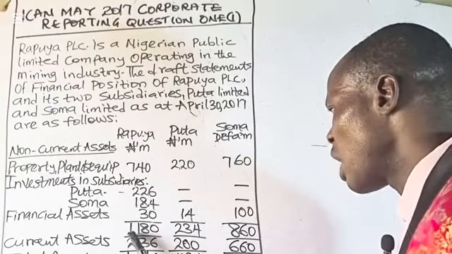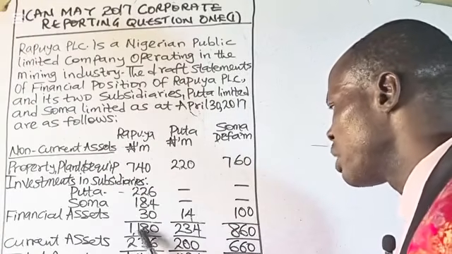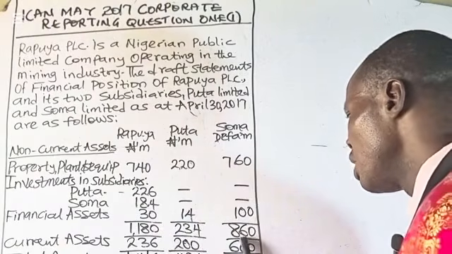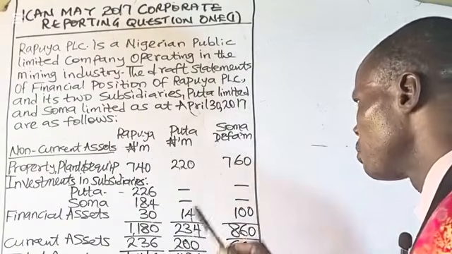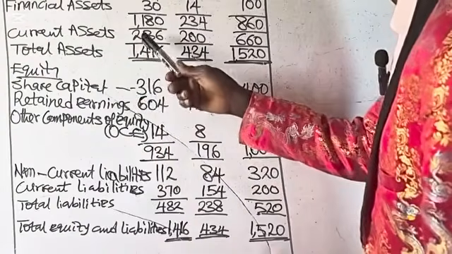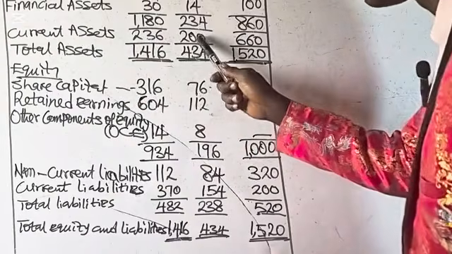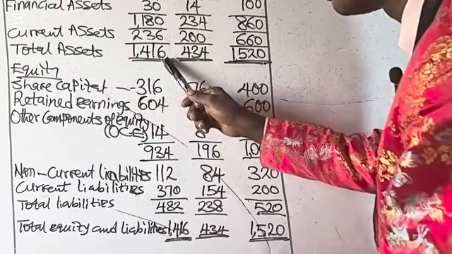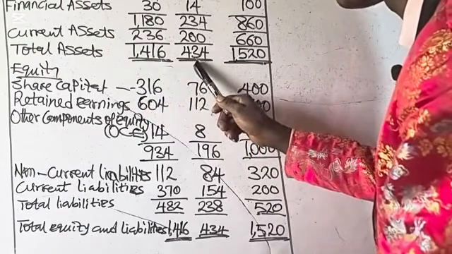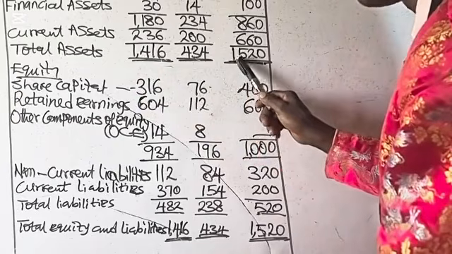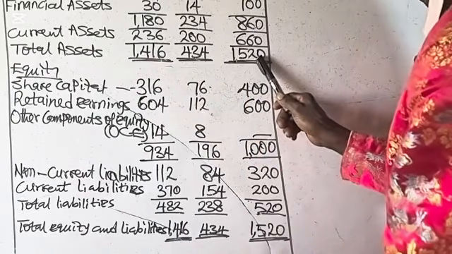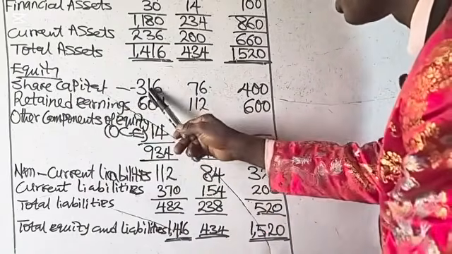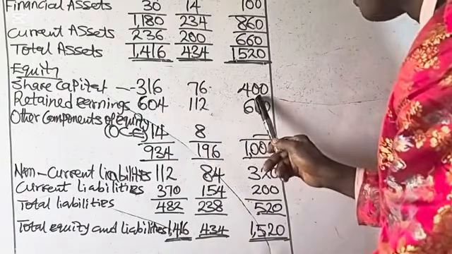We have total non-current assets of 1,180 million naira for Rapuya, 234 million naira for Puta, 860 million DEFA for Soma. Current assets, Rapuya 236 million, Puta 200 million, Soma 660 million. Total assets, 1,460 million naira for Rapuya, 434 million naira for Puta, 1,520 million DEFA for Soma. We have equity, which comprises share capital, Rapuya 360, Puta 76, Soma 400.